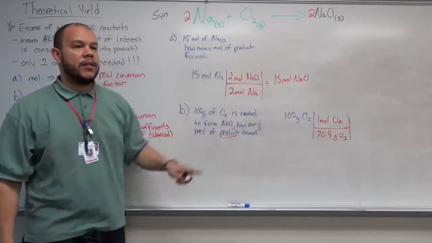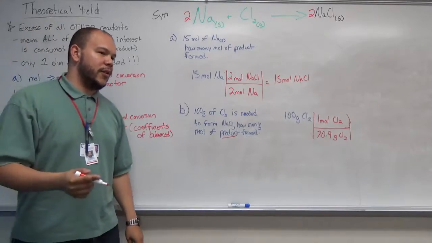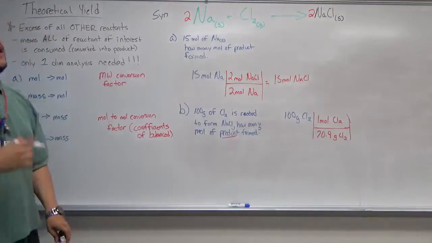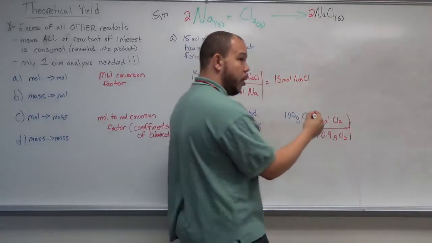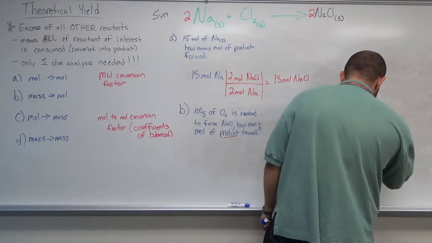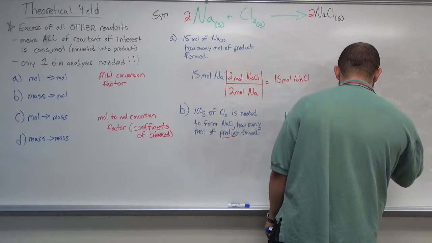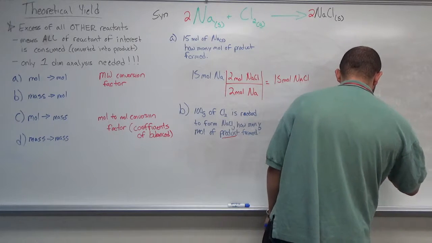Sodium chloride is. So now we must utilize a conversion factor that can compare moles of reactant to moles of product, and that would be the mole to mole. So now we can back the mole to mole right up into our dimensional analysis and show 2 moles of sodium chloride for every 1 mole of Cl2.